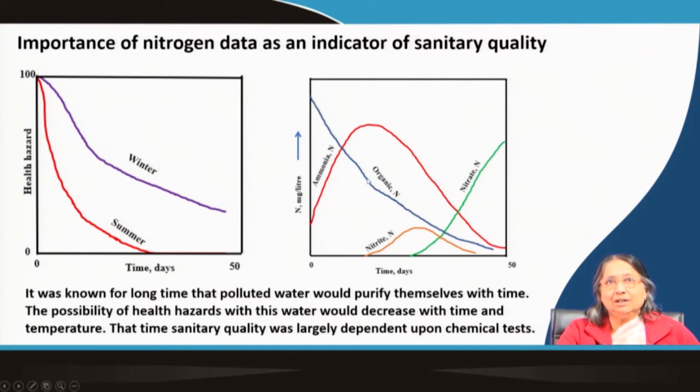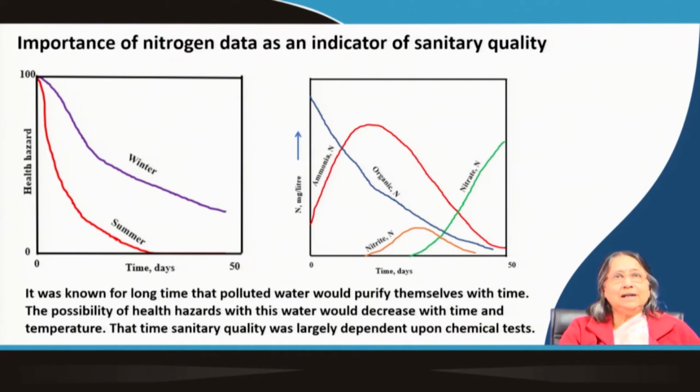So, you will see that organic nitrogen is decreasing. Then after the degradation, what is produced? Ammonia. So, ammonia nitrogen will be increasing, and then finally it is converted to nitrite and finally to nitrate. This is the highest oxidation state of nitrogen. So, ultimately it will be converted to nitrate, it is of course in the aerobic environment.